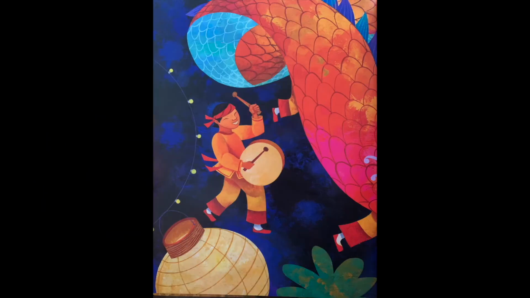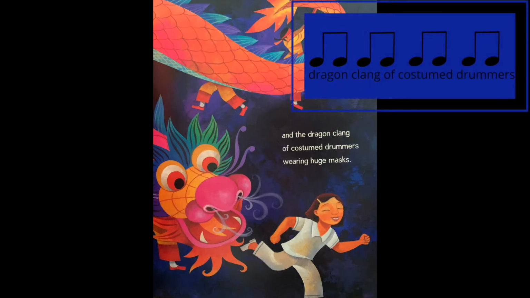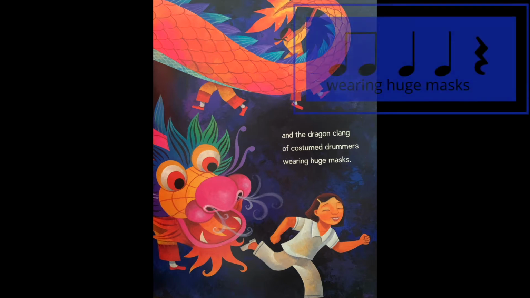And the dragon clang of costumed drummers wearing huge masks. Our first rhythm, dragon clang of costumed drummers. Ready, go. Our next one says, wearing huge masks. Your turn. Ready, go.